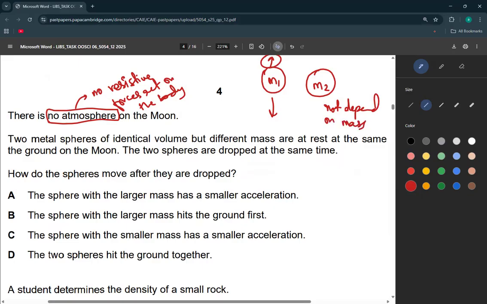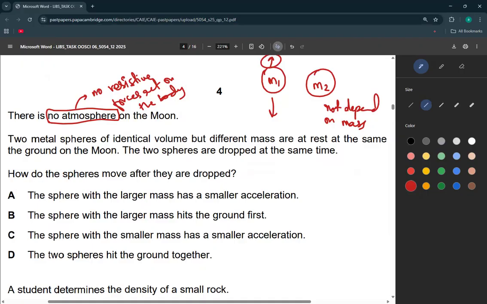They depend on what? Surface area. Good. They depend on the surface area. Here they are saying that the two metal spheres have identical volume. The volume is same, but masses are different. So different masses doesn't mean that they would have a different acceleration, or the heavier would reach the ground first or the lighter would reach the ground first.